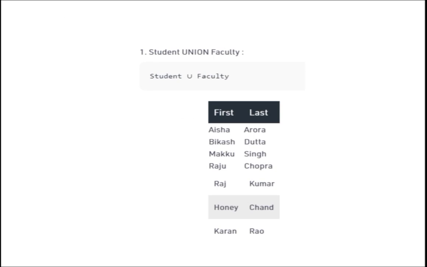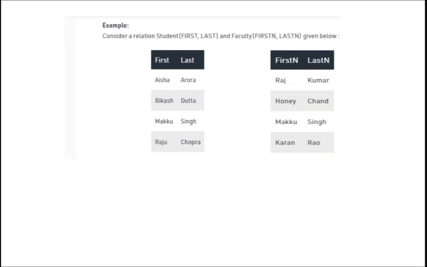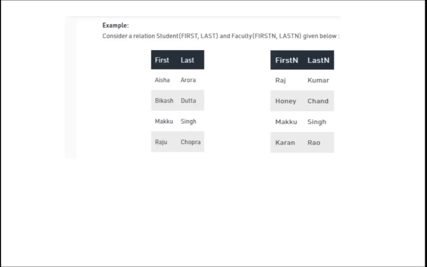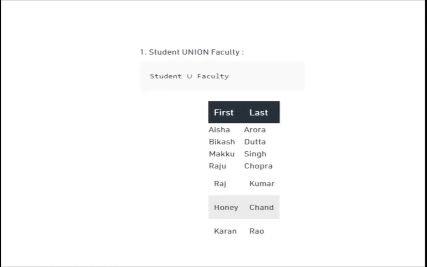These are up to the first table, up to Raju Chopra. Next, the second table values: Rajkumar, Hanichand, Makku Singh, Karan Rao. These values are from the second table. So union means values from both the tables will be considered.